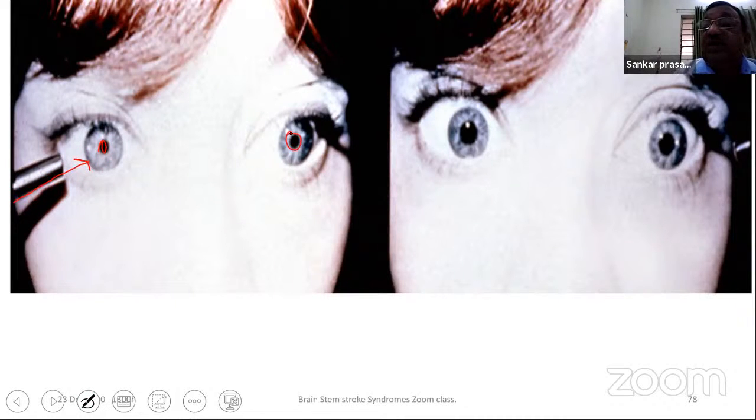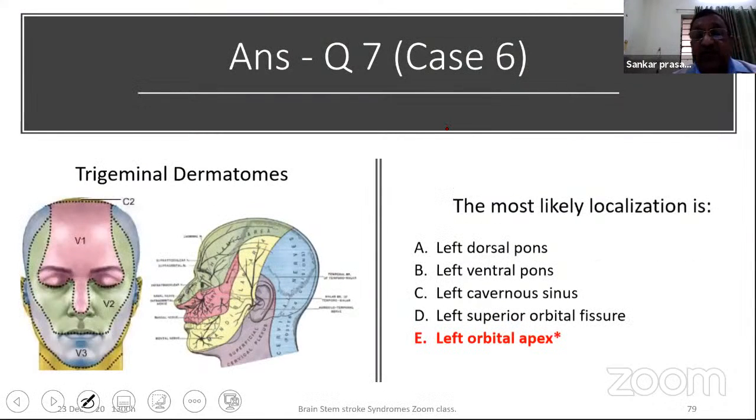From the left side, if you focus, there is dilatation of the pupil on both sides. That means it is not constricting. The direct light reflex and consensual light reflex both are absent. So it is called afferent pupillary defect. And of course, the left orbital apex is under threat because the optic nerve is also involved.